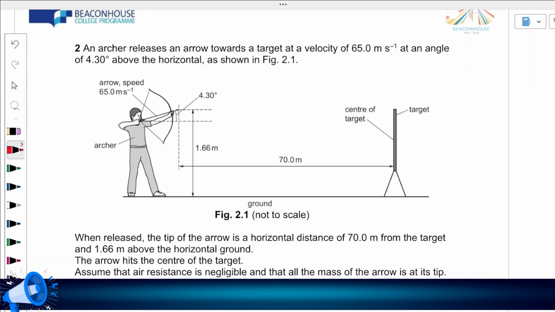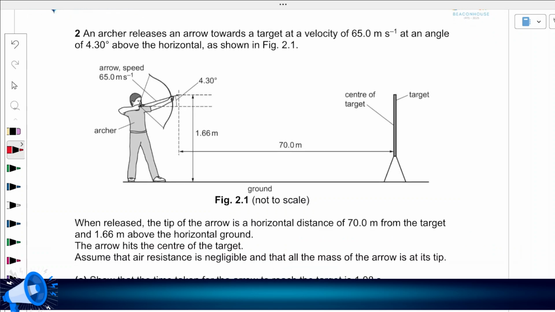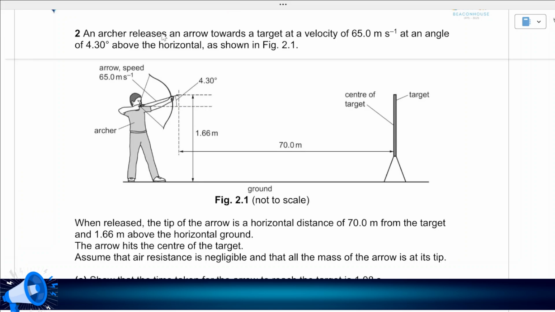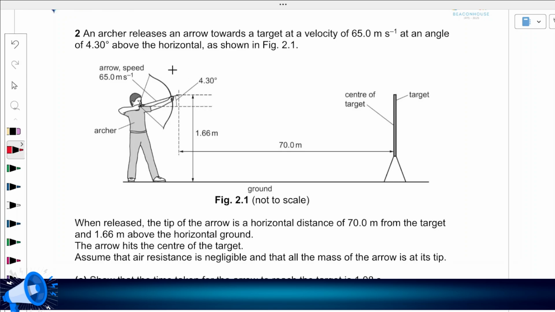Question number 2 looks like from the topic of projectile motion. Show that the time taken for the arrow to reach the target is 1.08. We're not provided with the velocity in x direction and in y direction. So first, let me draw the components of the velocity.